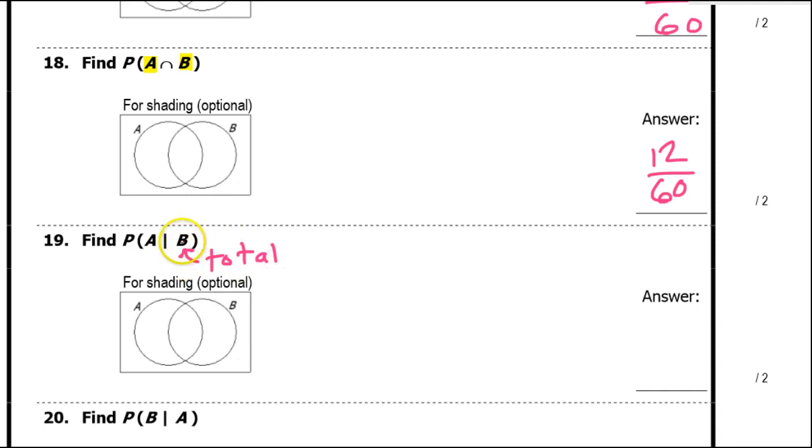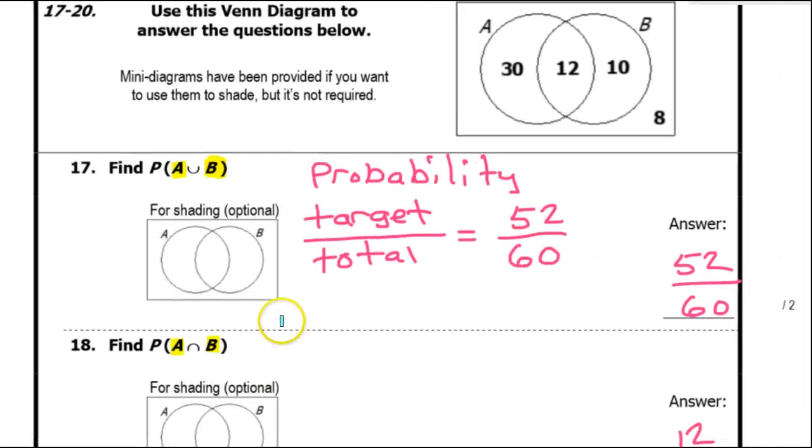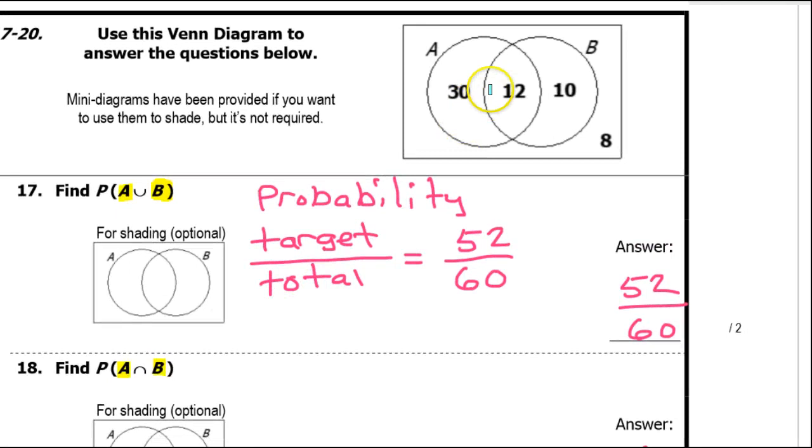That's going to be the new denominator. And the other set is the target. So when you have a given problem, you should start with the total, okay, which is going to be set B. So set B is the new total, so highlight it. Alright, highlight set B, highlight the new total.